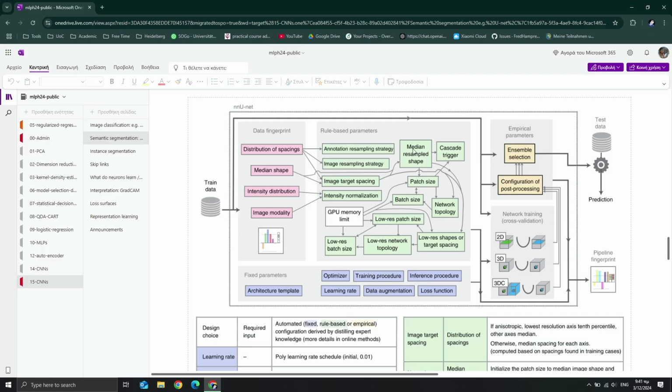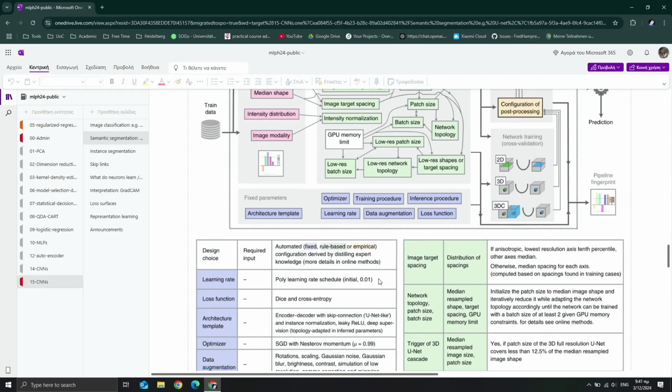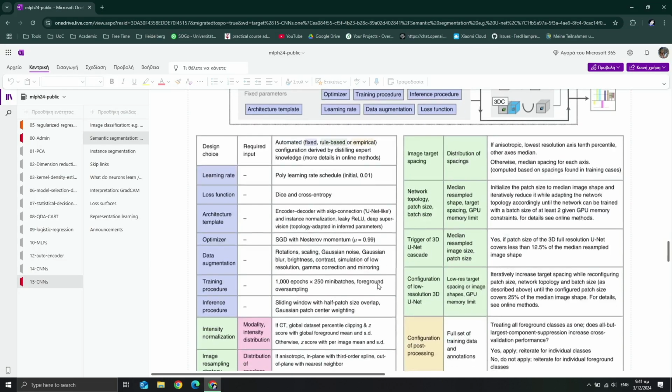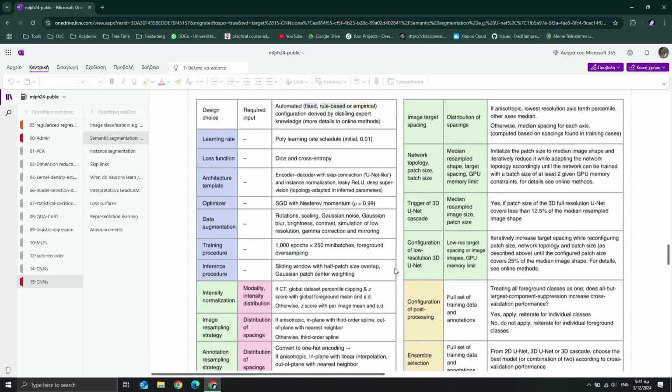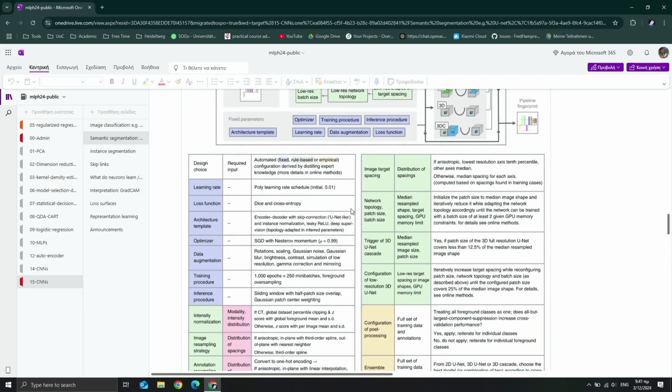And it makes all of these choices based on rules. There are some things it doesn't change, like it always uses the same optimizer, always uses the same learning rate, and so on. I'm not going through the details here, but this has been empirically a super successful work to solve real problems in the real world.